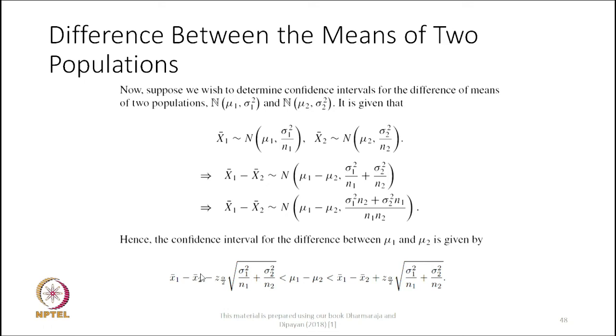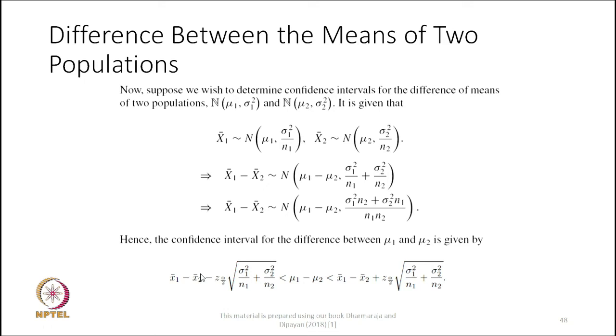So, the derivation is almost the same. The only difference is that instead of one random variable, you now have the difference of two random variables, which is again normally distributed with mean mu 1 minus mu 2. You know how to compute the variance of a difference of two independent normal random variables: it is the sum of their variances.